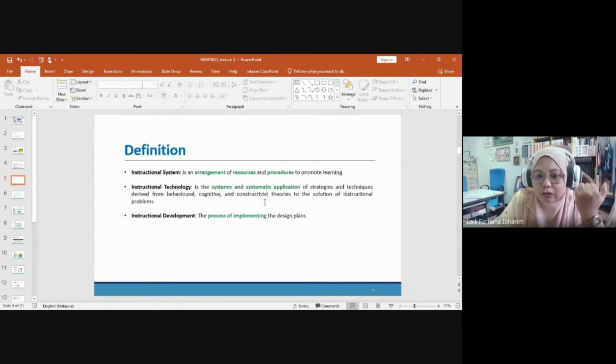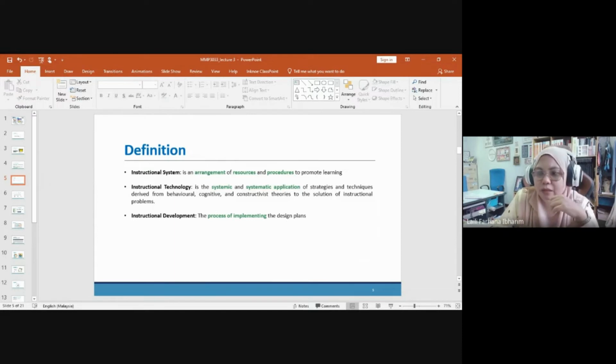Yes, we know constructivist theory is a hands-on activity, applied to the solution of instructional problems. And the third one is instructional development. It is the process of implementing the design plans. When we have a complete plan for our instructional system, we then implement it through instructional development.